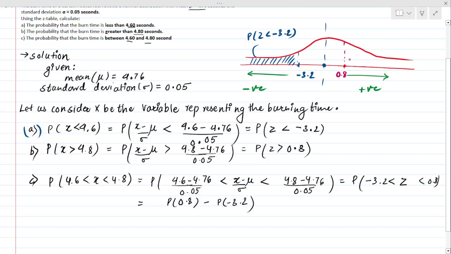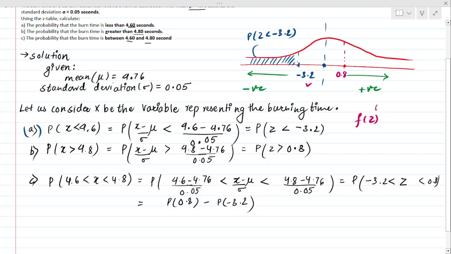Now when you look at the z table, it will always give you the value of the area that is less than the given value. So let's say we have the z table function F(z).